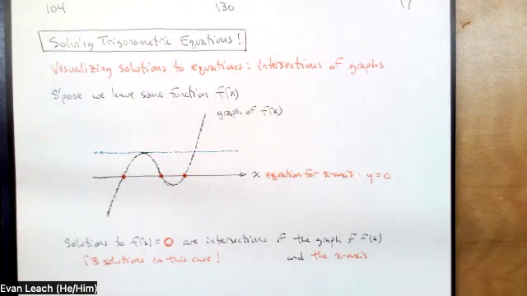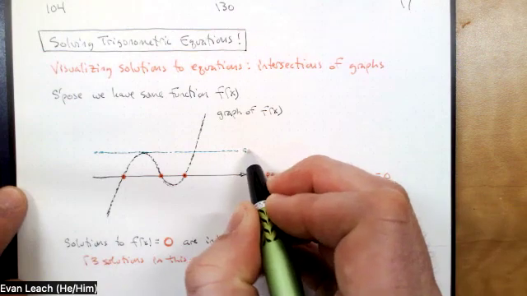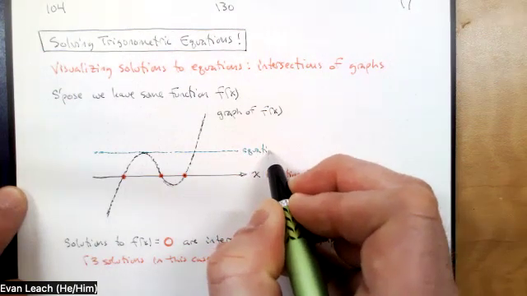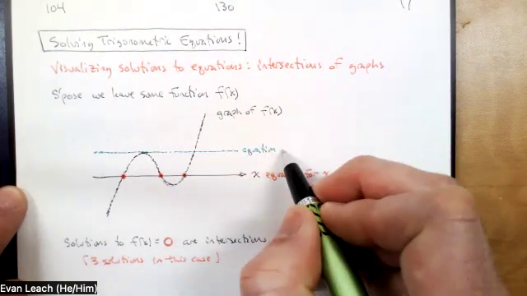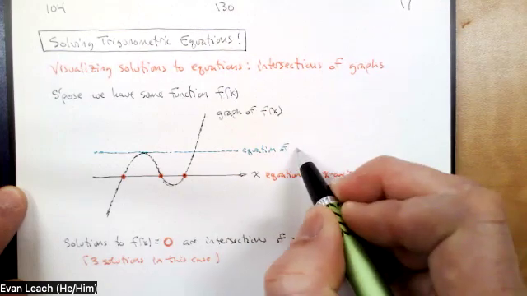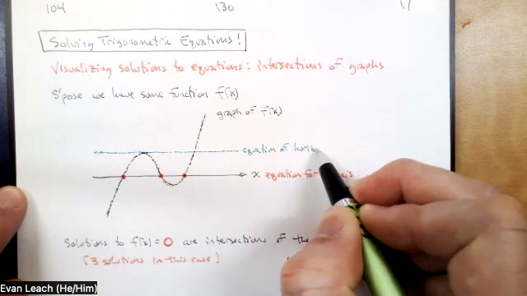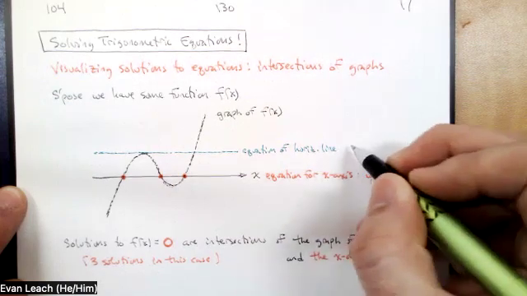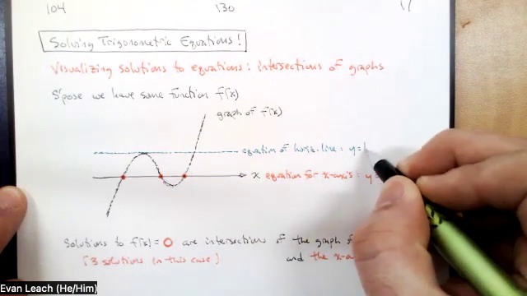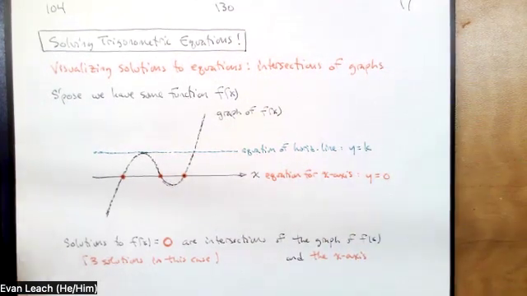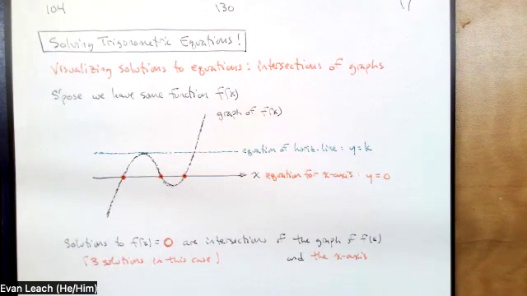Let's suppose we have this horizontal line. The equation for a horizontal line will just be y equals some constant. I use k.